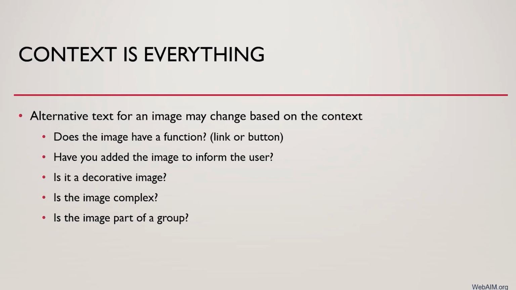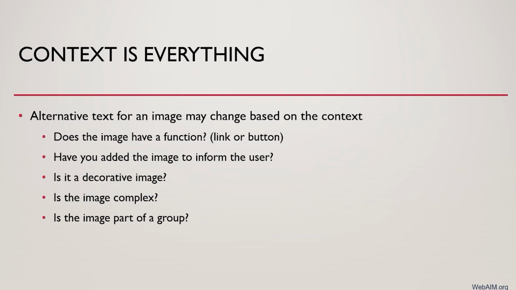So if it has a function, it's really important to say that it is a link to, or what the function is. If it is to inform the user, it needs to be very descriptive about what you are trying to portray. If it is decorative, you do not need to provide an alt text description. You can just click the box that says it's decorative.